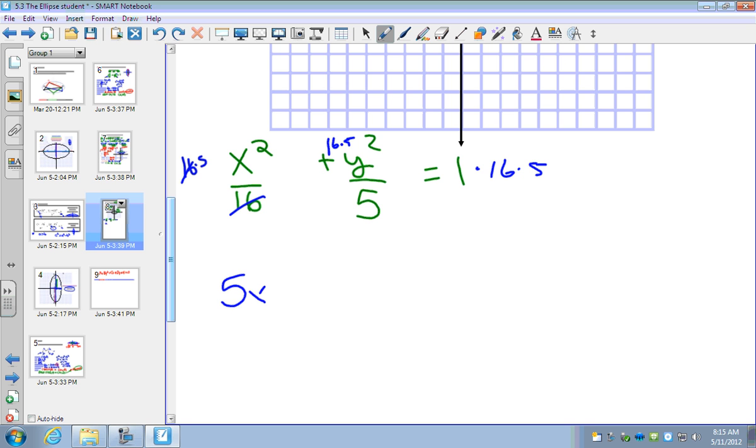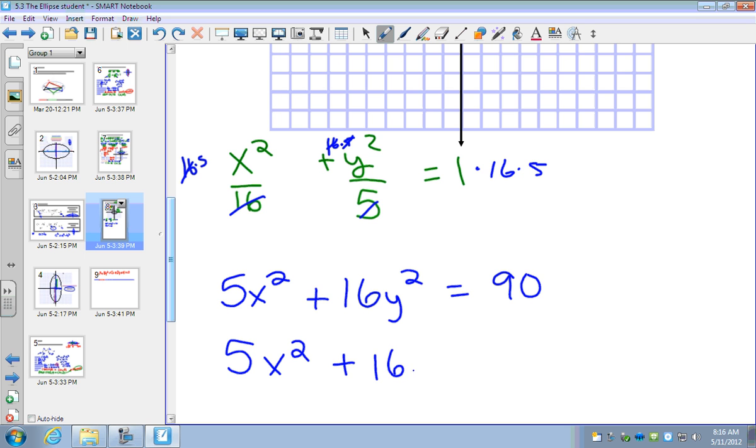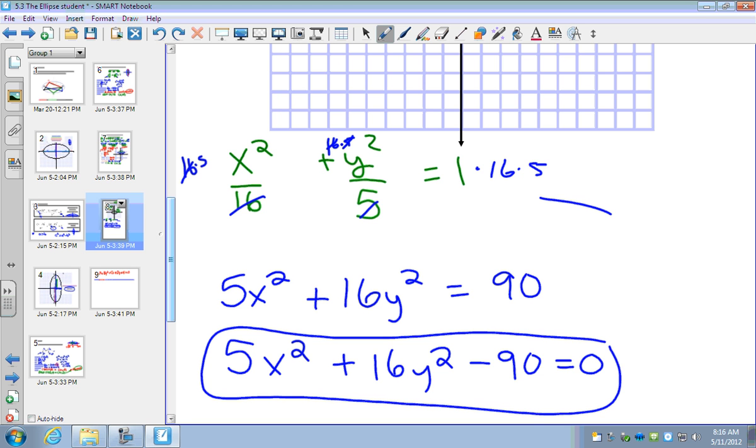So I'm left with 5x squared, my 5's cancel out, my 16 stays, 16y squared, and 16 times 5 should be 80. That's not quite general form. I need 5x squared plus 16y squared minus 80 is equal to 0. And that would be general form. So this was standard and general form.